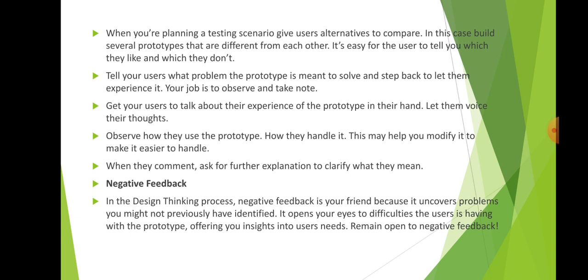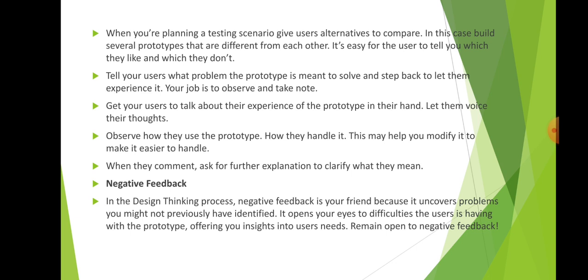When you are planning a testing scenario, give users alternatives to compare. In this case, build several prototypes that are different from each other. It's easy for the user to tell you which they like and which they don't. Tell your user what problem the prototype is meant to solve and step back to let them experience it. Your job is to observe and take note.